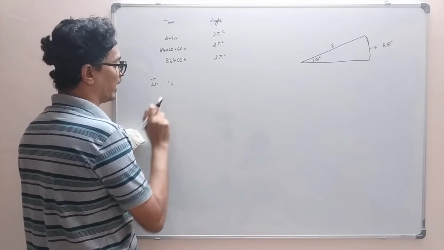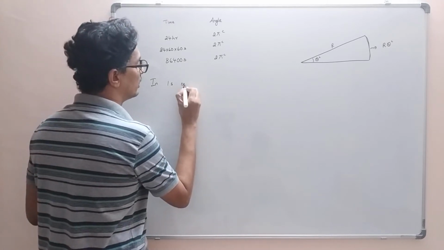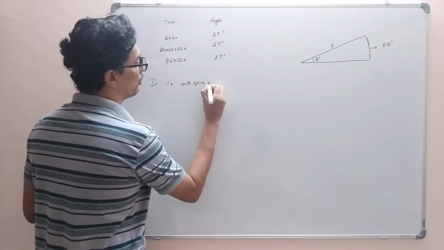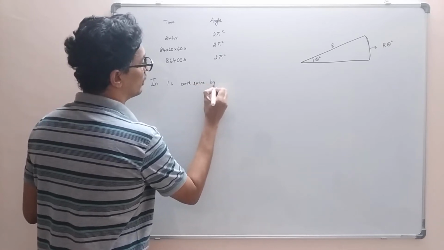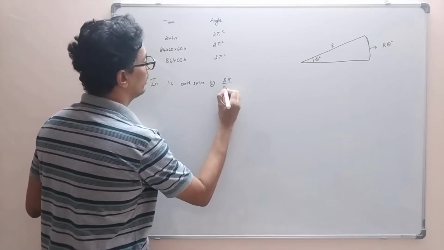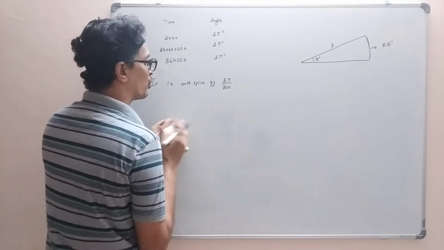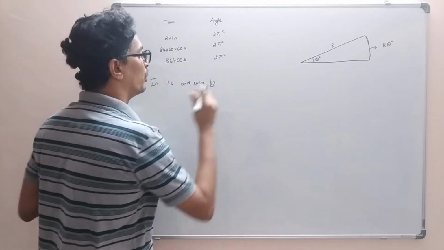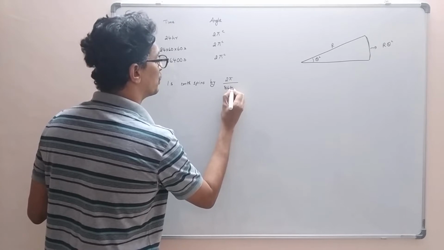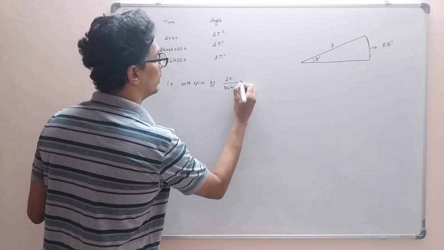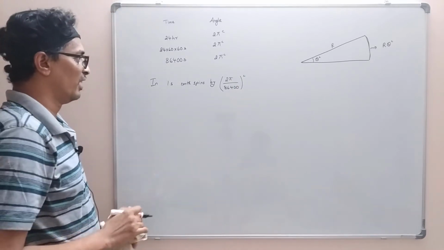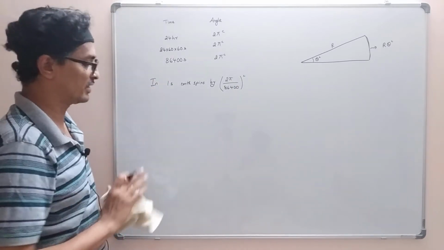So in 1 second, earth spins by how much angle? 2 pi divided by 86400 radians. Let us keep this as it is.